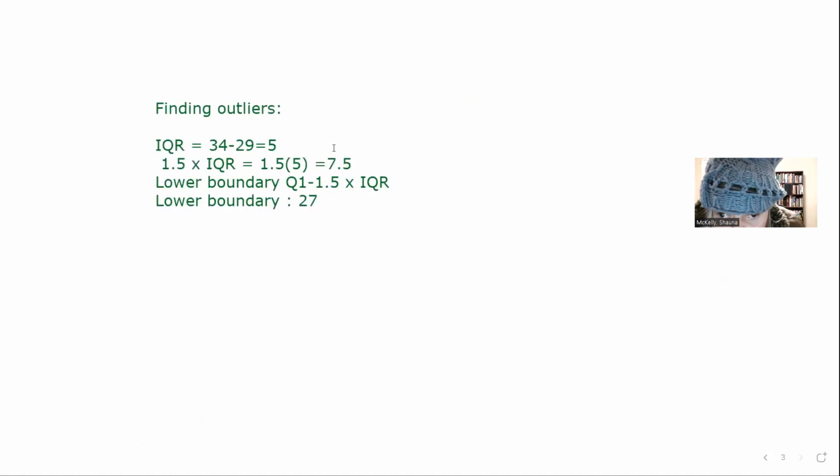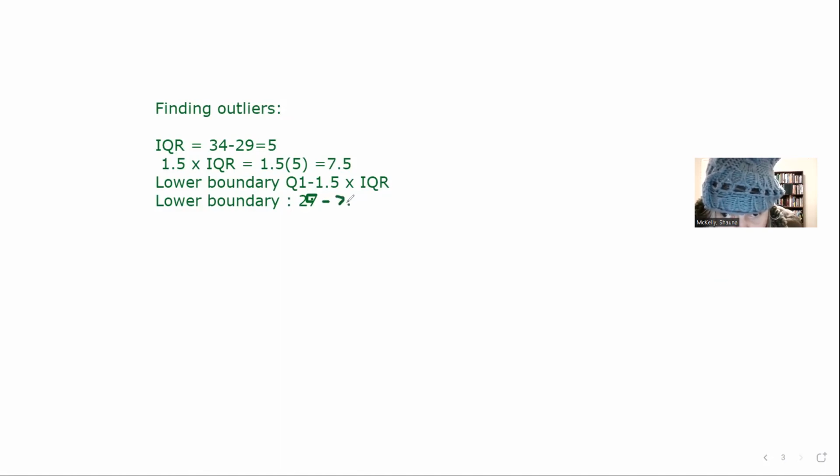Oopsie. Let me cross this out. It's not 27, it's 29. I mistyped that. This is 29 minus the 7.5 units. Okay.